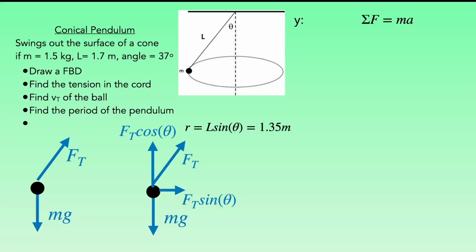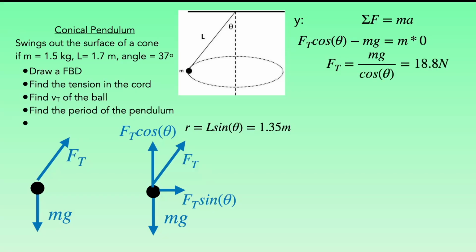In the y direction, sum of force equals ma. We have ft cosine theta minus mg, if we call up positive, equals m times 0. So we have the force of tension equals mg over cosine theta, 18.8 newtons. There's the tension. Now when we look at the x direction, sum of forces equals ma.